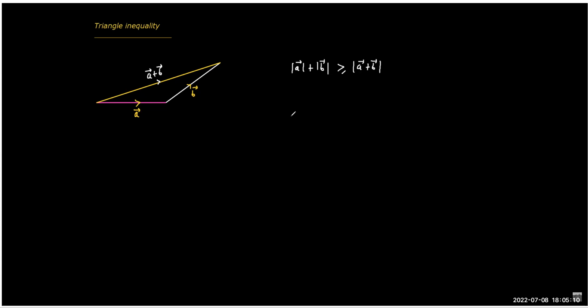And what else we know is that the difference of two lengths, I need to put one more modulus because I don't know which one is bigger. So the length of the difference of the lengths of two sides is always less than or equal to the length of the third side.